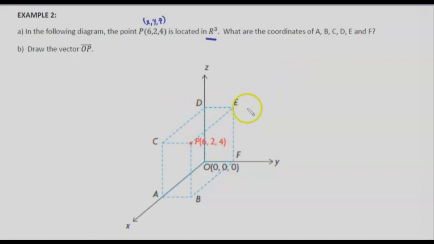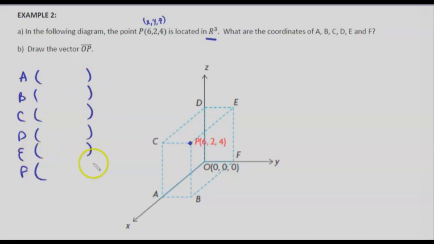So this is our point, P. So we have A, B, C, D, E, and F. Again, all of these are going to be coordinates. They're going to be ordered triples, not ordered pairs, ordered triples. This is in 3D.